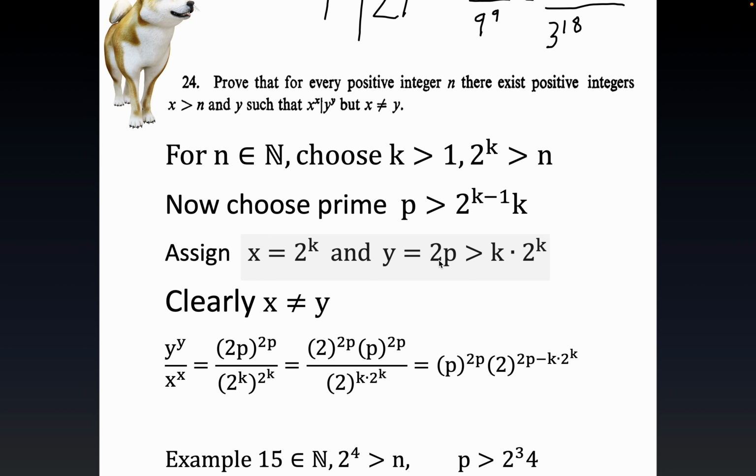And you see, it was important that we chose p to be greater than 2 to the k minus 1. You can see that right here, because that would mean that 2 to the p is greater than k times 2 to the k, so that would make this part an integer.